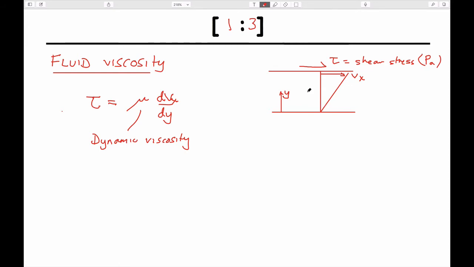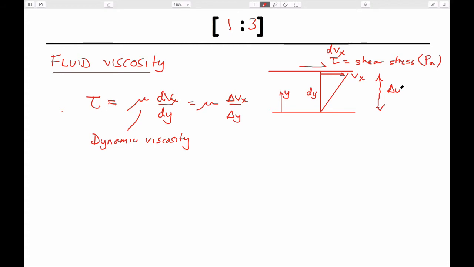And so if you think about this, you could think about this as being dy, and this being dvx. In other words, how velocity changes in the x direction as you go in this direction. So this triangle term, I suppose you could also write this, shout out if you have questions, happy to answer. This is also a change in velocity in the x direction as you go in the y direction.